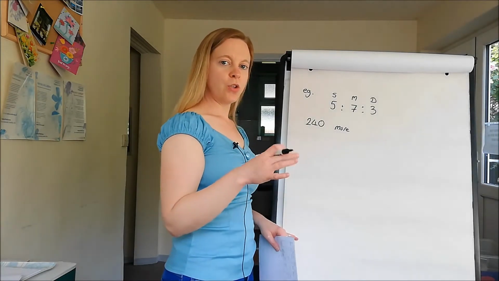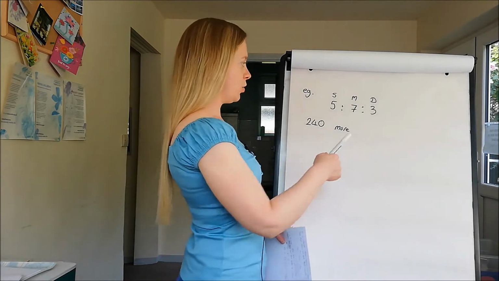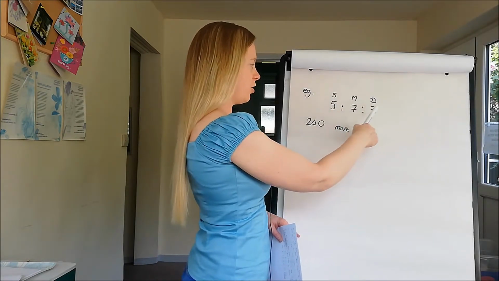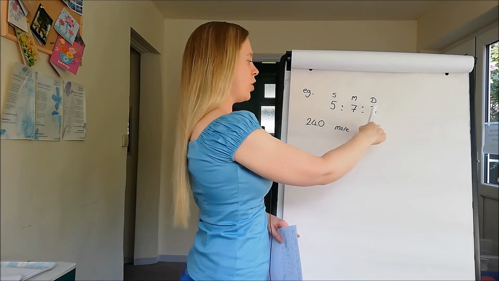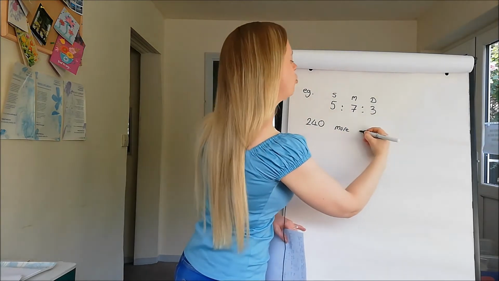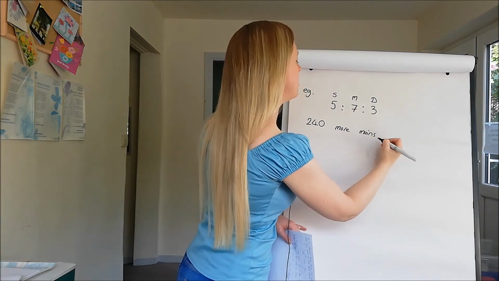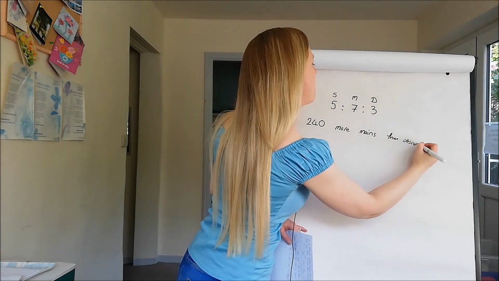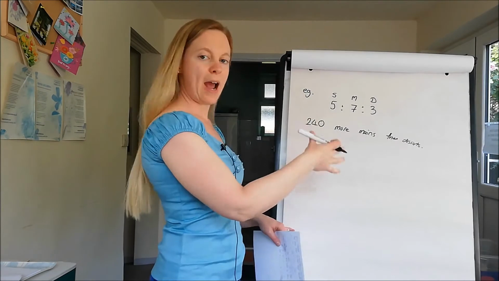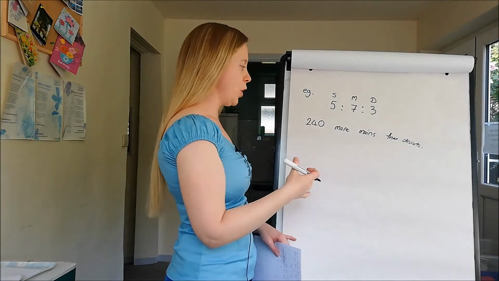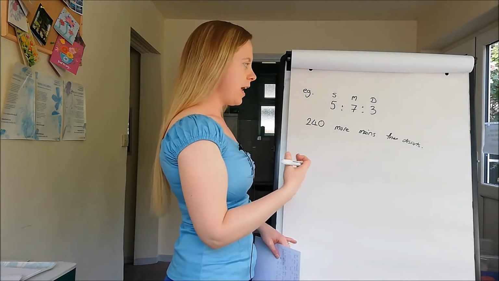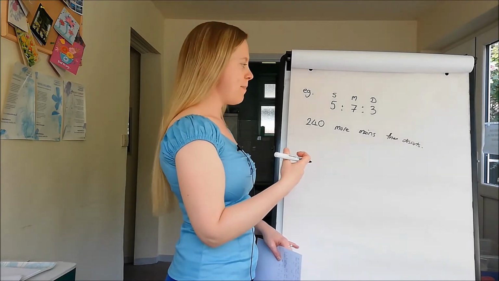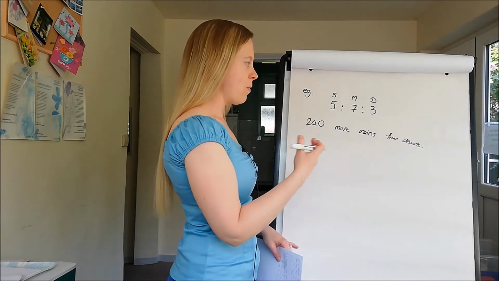Okay, so in that question we were told that starters, mains and desserts are in the ratio 5 to 7 to 3 and that 240 more mains were sold than desserts. And we're being asked how many meals must have been sold altogether. The key to this question is remembering that ratio is all about parts.